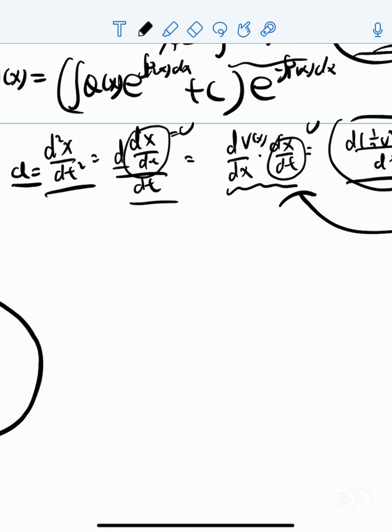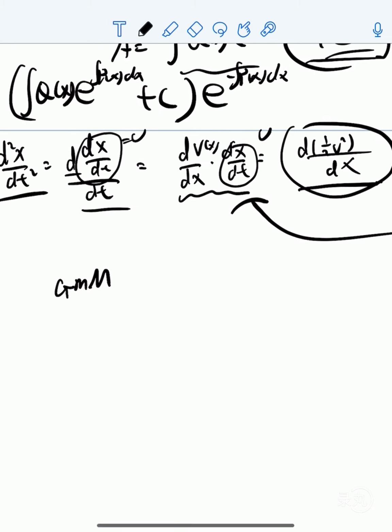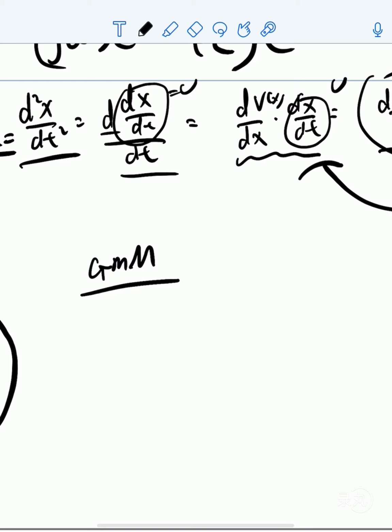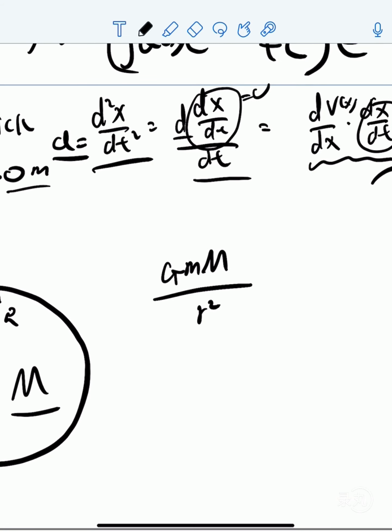And from physics, you might know that the force acting on the object is equal to GmM, where M is the mass of the Earth, and m is the mass of the object, divided by the distance between them squared. So for this problem, we want to find the time it takes to reach the surface.